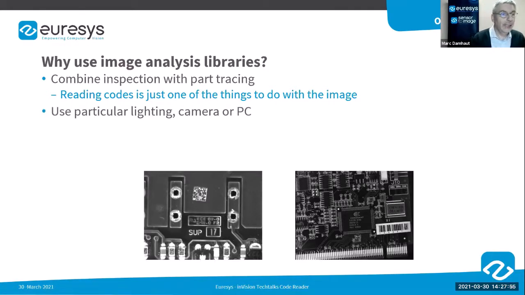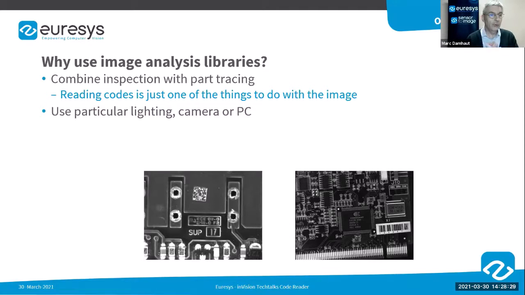Another reason why you would use image analysis libraries is to use particular lighting, a particular camera, or a particular PC. Because it's a DIY approach, you have full freedom regarding the hardware equipment that you are going to use for the application. We have seen in the presentations now that reading specific codes may require different kinds of lighting, and with our approach, you can select the type of lighting that you want.